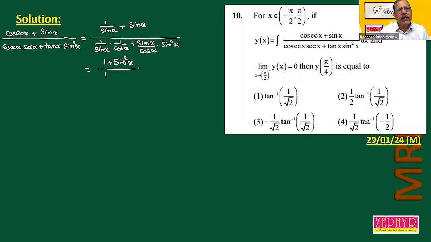That 1 by cos x in the denominator becomes cos x in the numerator. The first term is 1 plus the next term, sin x into sin squared x, giving sin raised to 4 x.